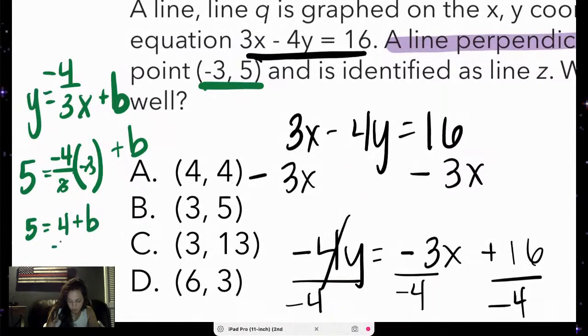Now, if I subtract 4 from both sides, I get b equals 1.